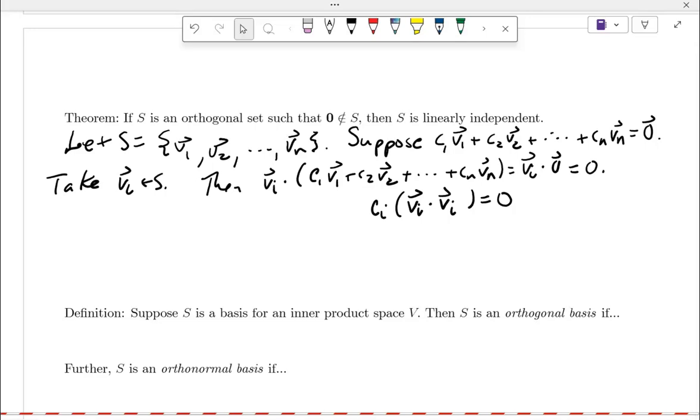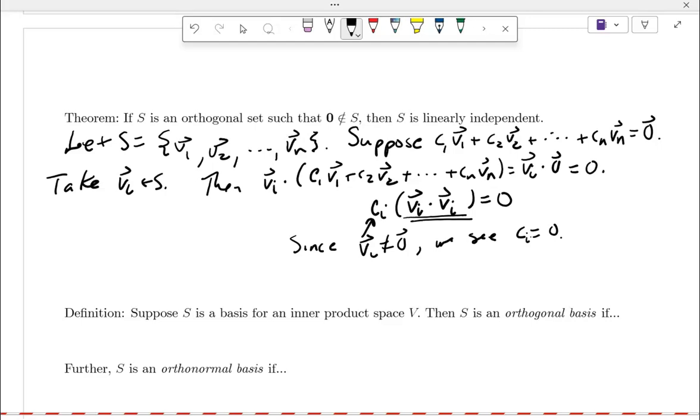What vector are we assuming is not in S? The 0 vector. So what can't this be? 0. So what does this have to be? 0. Good. So since Vi is not the 0 vector, we see Ci must be 0. i was arbitrary, right? It doesn't matter which i you choose, that's always going to happen.